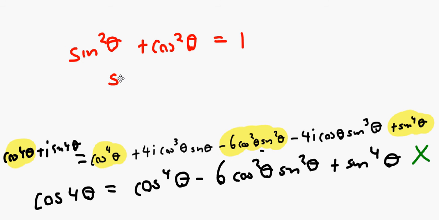Anybody? Sine squared theta equals 1 minus cos squared theta. Is that alright with you guys? What happens if I square both sides?